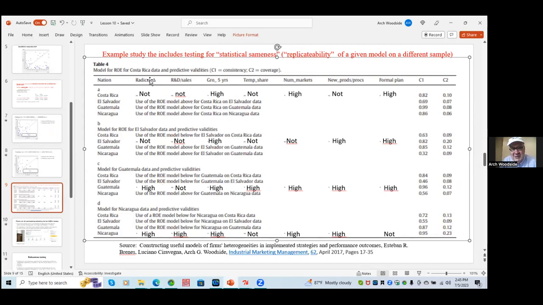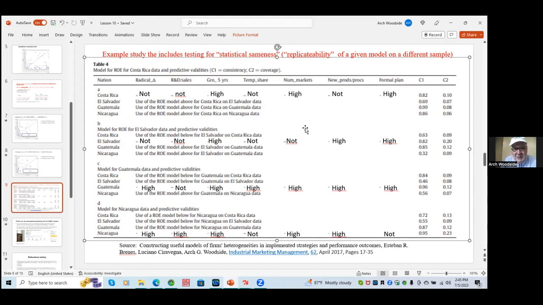One condition is radical change in management direction in the company, R&D support as a ratio to sales, and growth in the past 5 years, how many temporary workers it has, the number of workers, the number of markets served, and the ratio of new products to new processes, and then formal planning in the company.